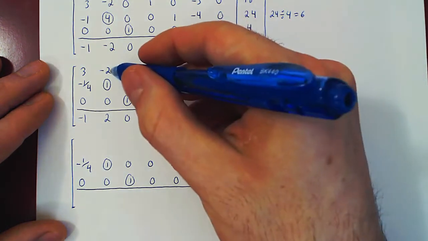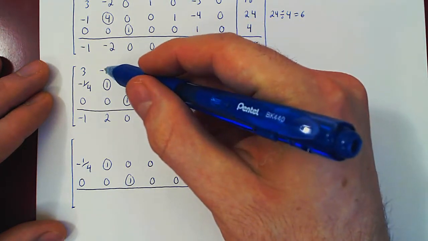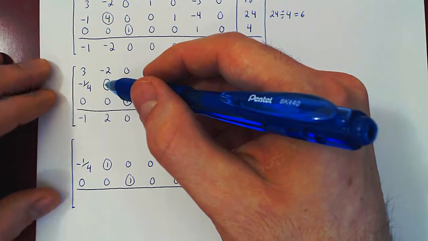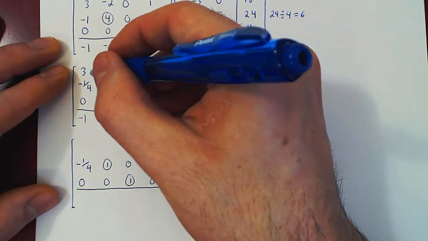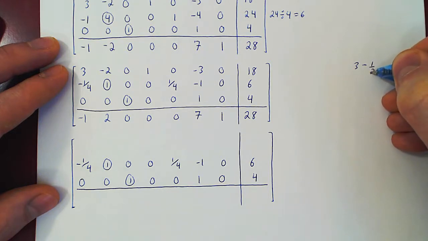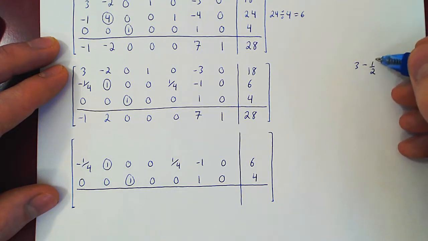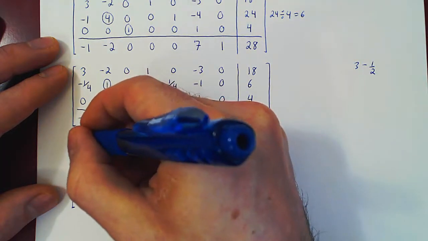And now let's kill the entries above and below. So let's do row 1 plus 2 row 2. So we'll have 3 plus 2 times -1/4 is 3 minus 1/2. But 3 is 6 over 2. 6 minus 1 is 5, and so we get 5 over 2.